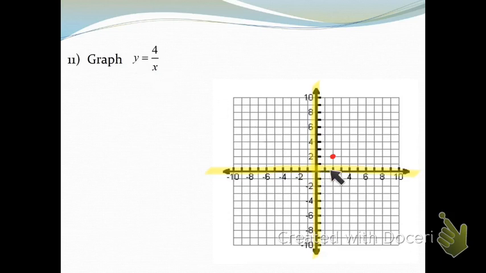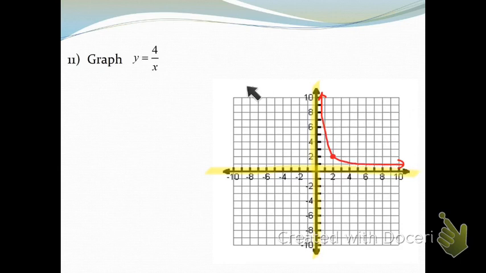So that's why there's a point at 2, 2. Now, there's other points, but you don't need to waste your time finding them. One of the branches of your hyperbola, if you will, of this inverse graph is approaching the vertical and horizontal asymptote in quadrant 1.